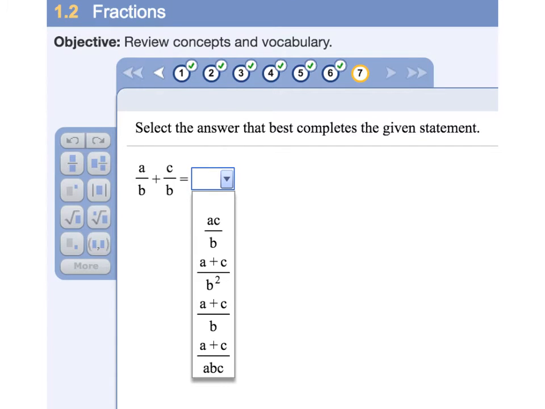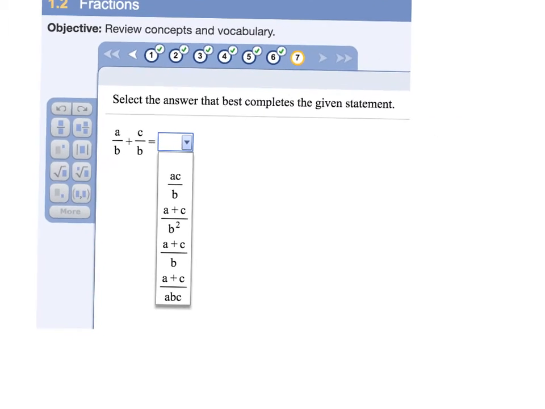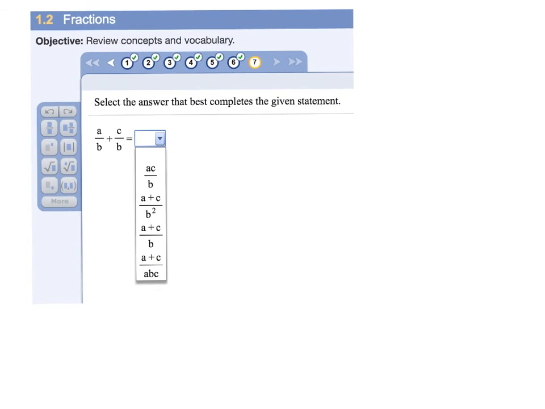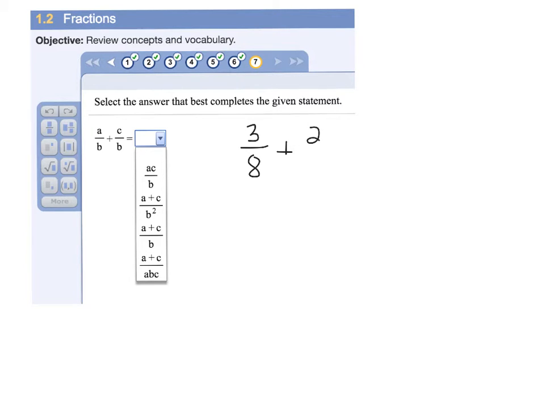And the last one, select the best answer, because now we are adding. And so the idea is, if you have, let's say 3/8 plus 2/8. So the idea is, well, 3/8, you could think of it as like a label. You could think of this as 3 eighths, like 3 apples.